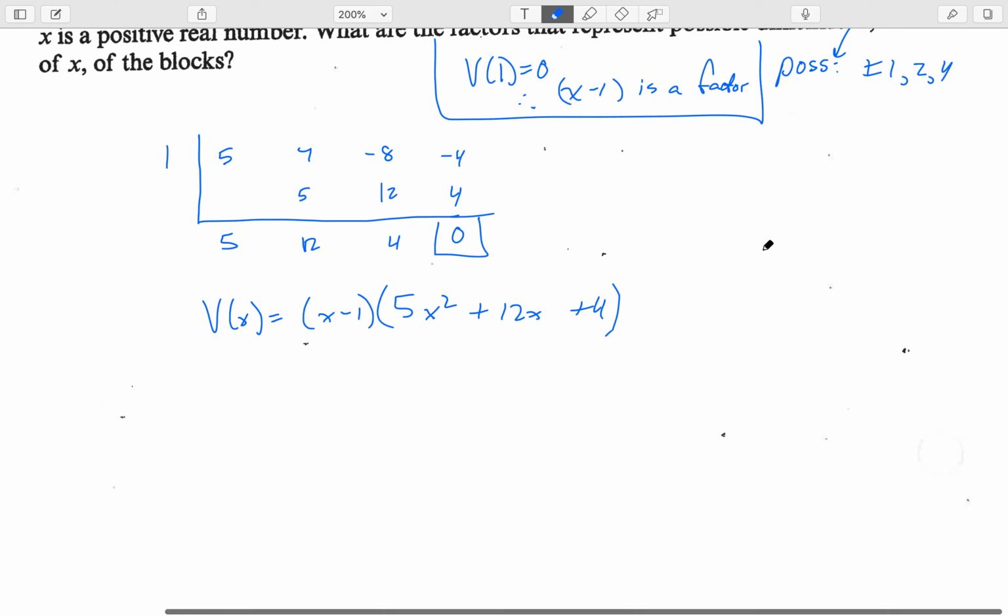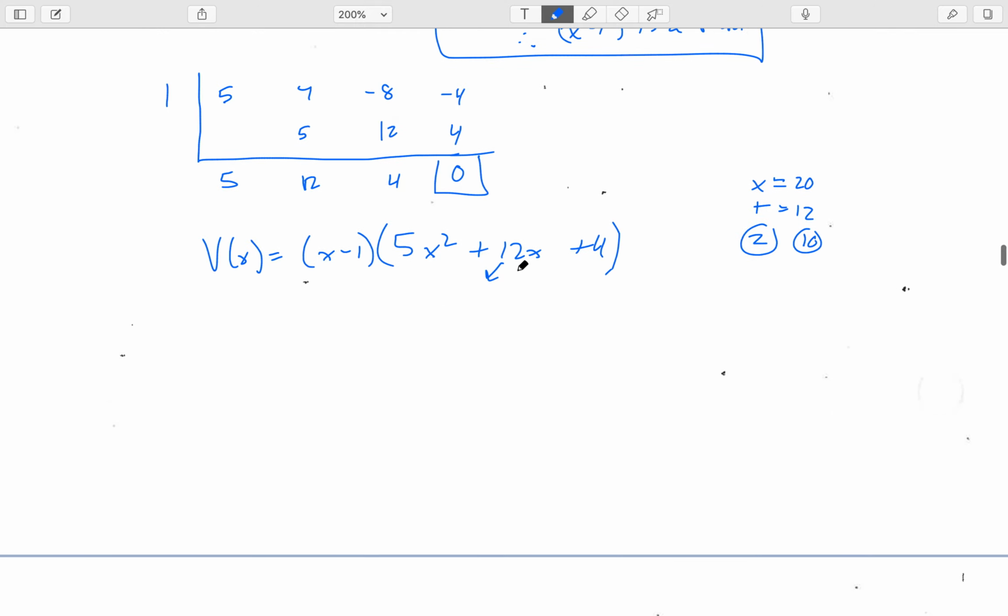Two numbers that multiply to give you 20 and add up to give you 12: 2 and 10. I could try guessing this one. Oh, let's just do it because I can see the pattern right now. 5x squared, I'll put the 10x right beside it because I know they have 10 and they both have 5 in common. So 10 and 2 and 4. These have 2 in common, these have 5 in common.